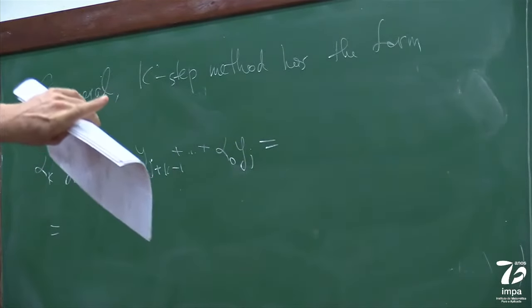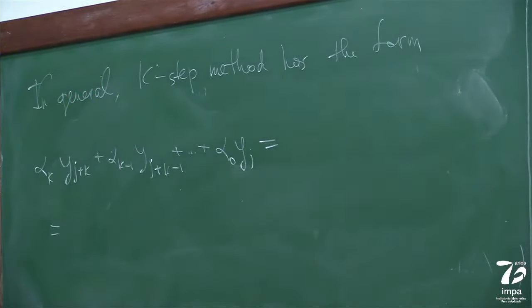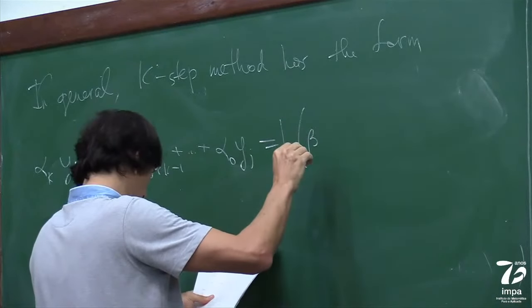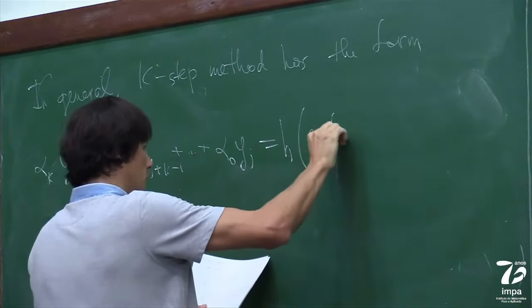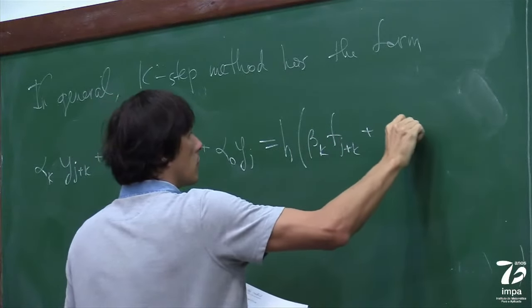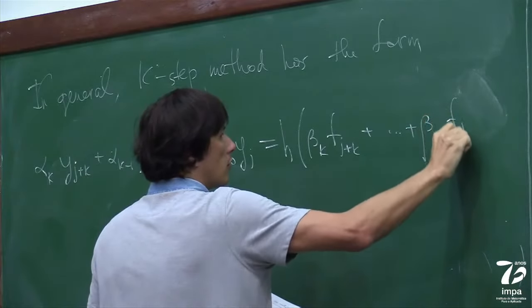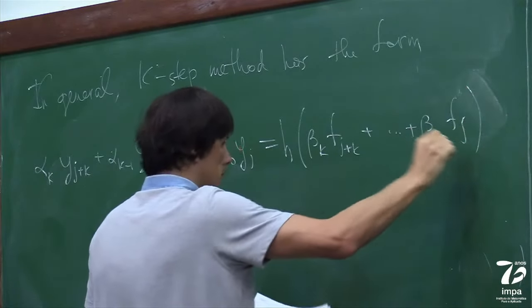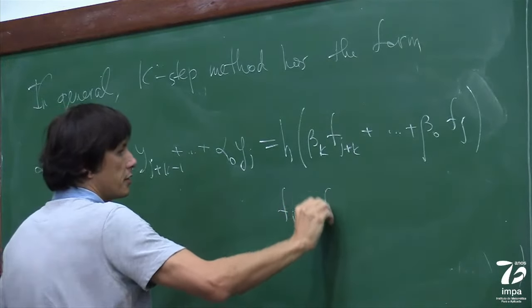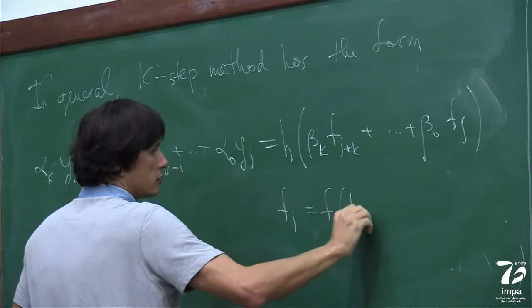And the right-hand side will be h times a linear combination of f's with other coefficients, where f j is f of tj, yj.